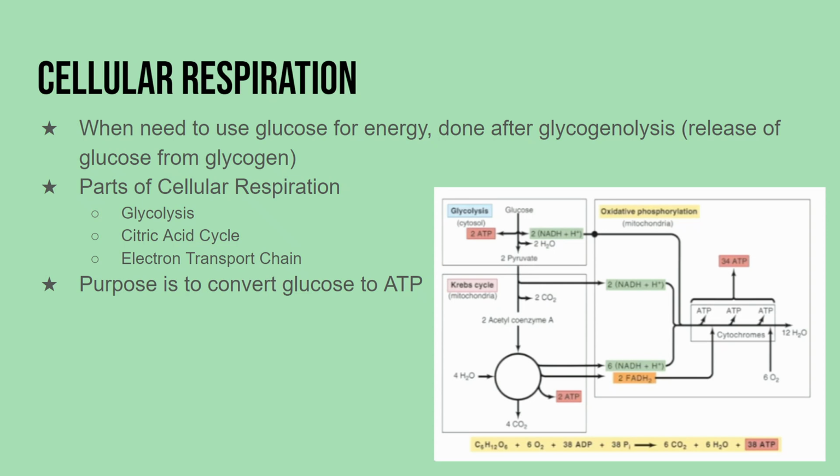So in gluconeogenesis, when we use fats and proteins to make these two intermediates, they just enter the cycle right there. So if we formed pyruvate with gluconeogenesis, it just enters right into this part of cellular respiration. If we formed acetyl-CoA with either fat or protein, it just enters right here. Just because glucose is the only thing that can enter glycolysis at the beginning of cellular respiration.